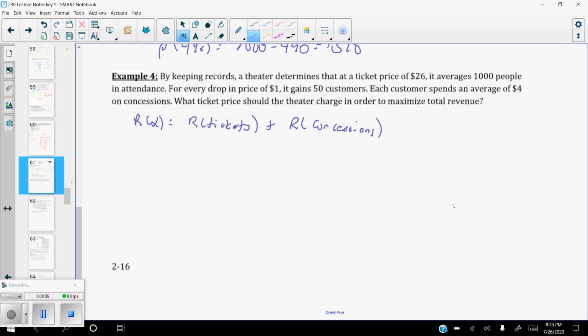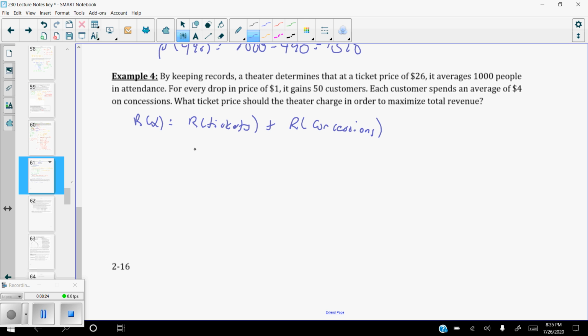Sorry, my writing is not very good here. All right, so that's our revenue: the revenue that you get from the tickets plus the revenue from the concessions. So let's figure out how to figure out the revenue. From the tickets, it's the number of people that buy tickets times the ticket price.